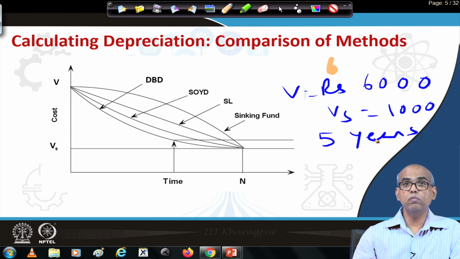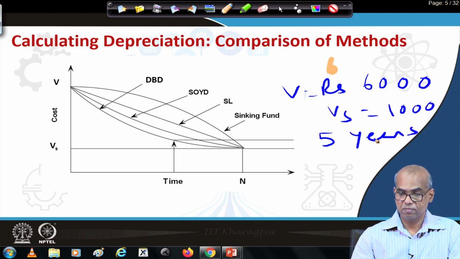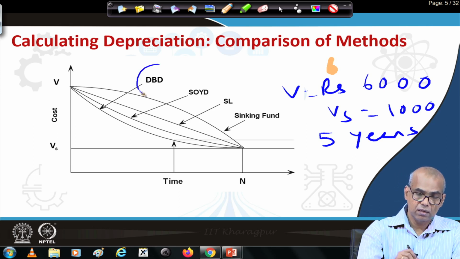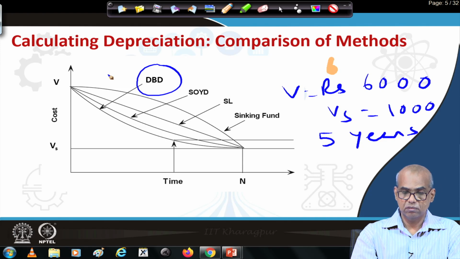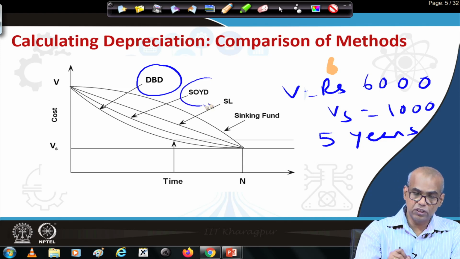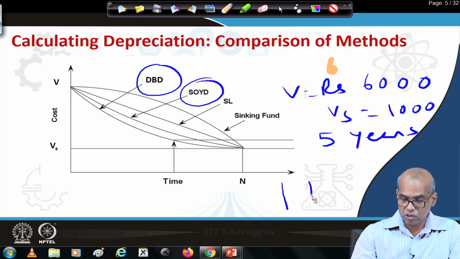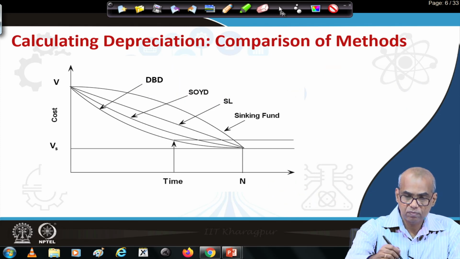For straight line method, it will be say 1000 rupees each year, but what about the double declining balance method or sum of year digit method? You can write down those in a table. That will be your homework.